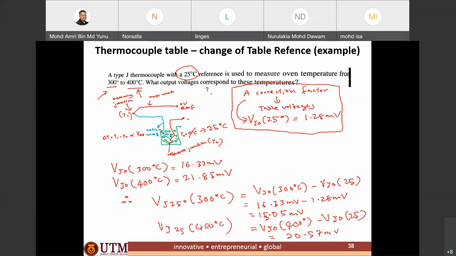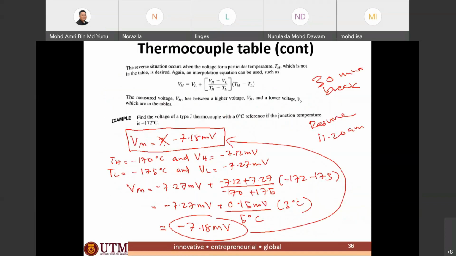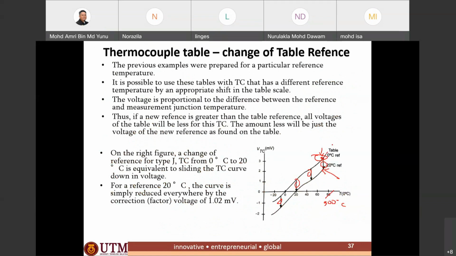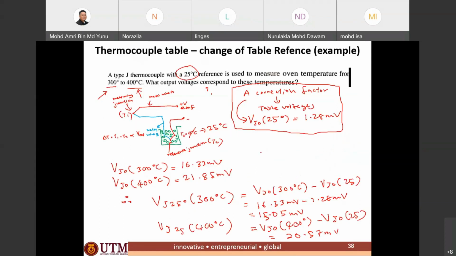For 400, this is at reference junction 0. So when the reference has increased, we must apply an offset. That is in the case when the reference junction is changed.